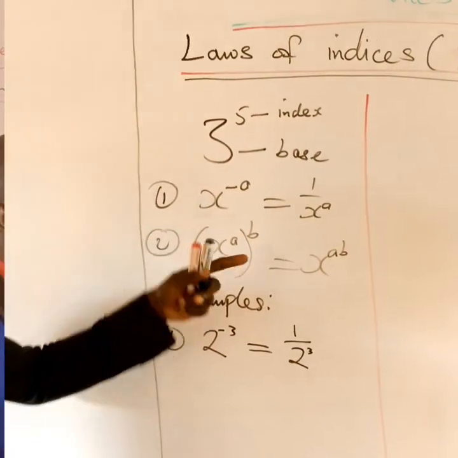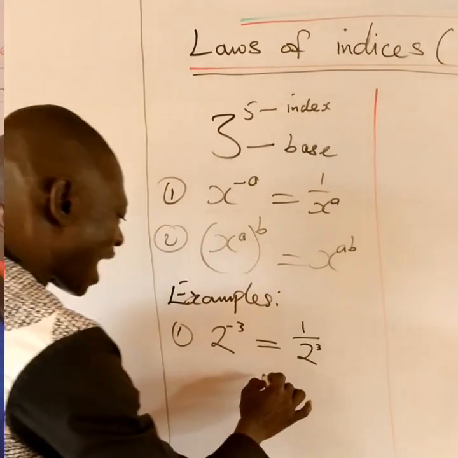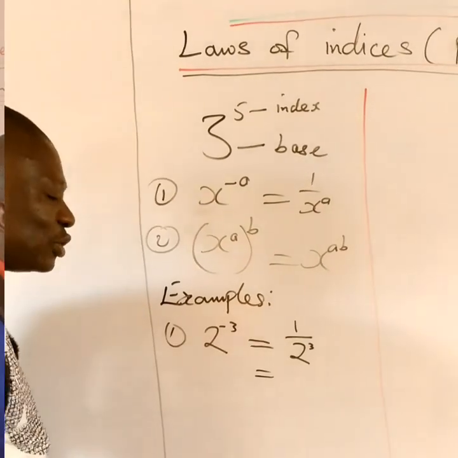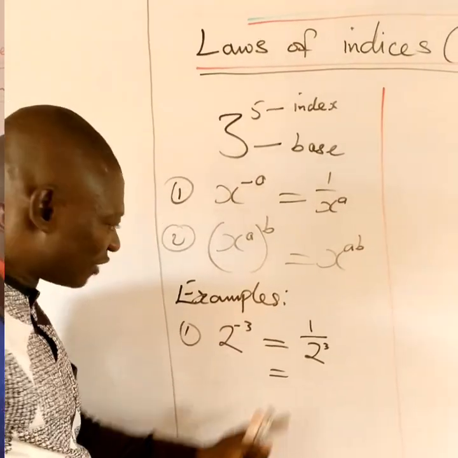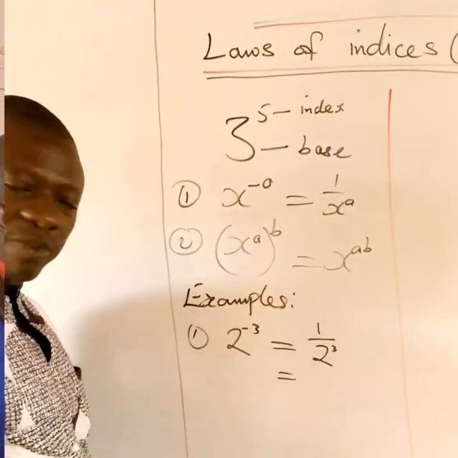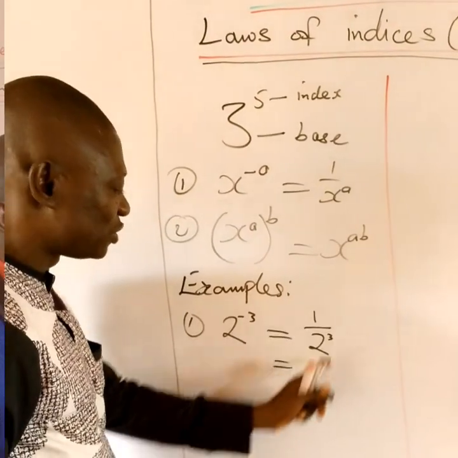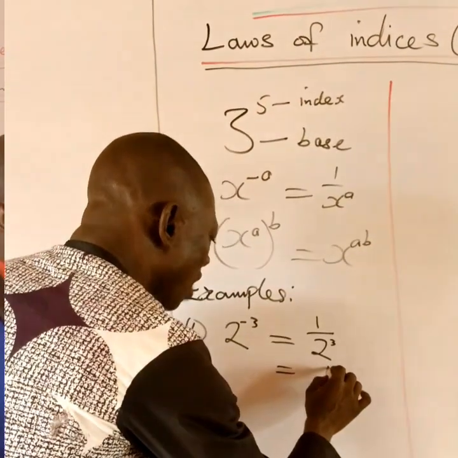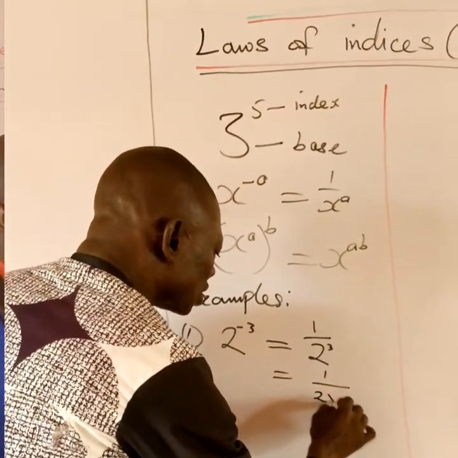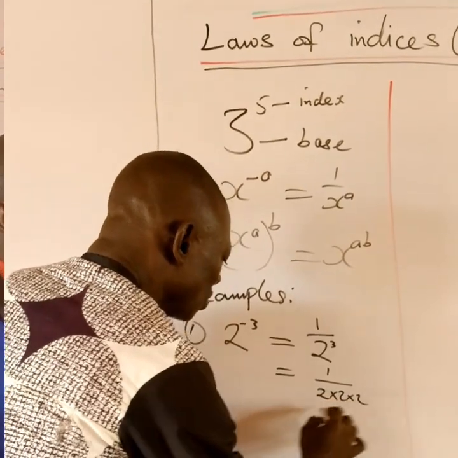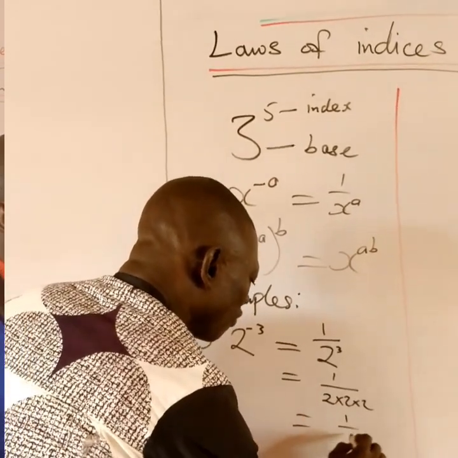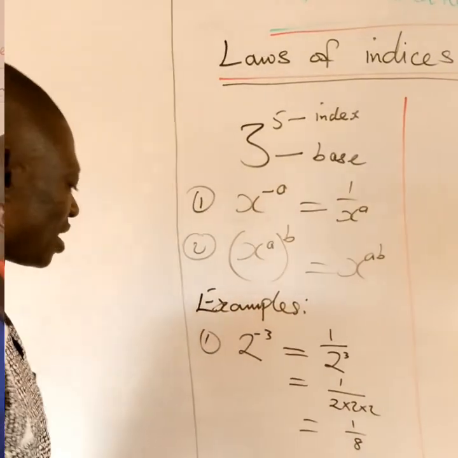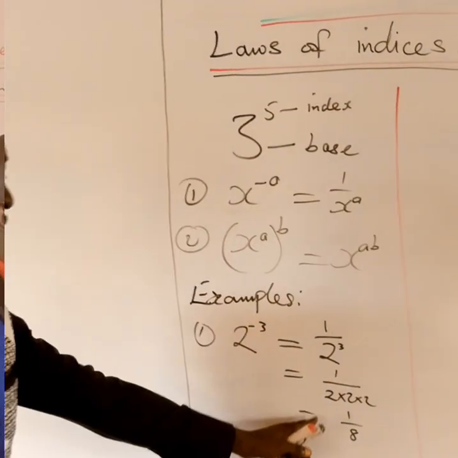Now the negative sign has gone. You can now expand since the power of 2 is small. If the power of 2 is big, you may leave it like that. But now the power of 2 is small, we may say it is 1 over 2 times 2 times 2, and that is 1 over 8. That is question number 1.